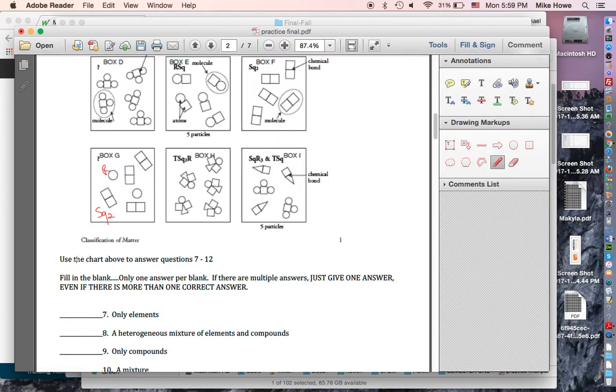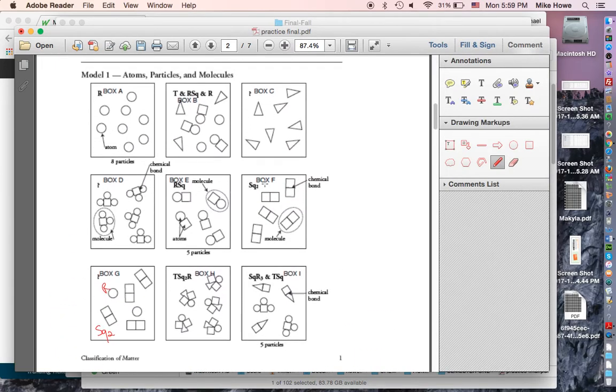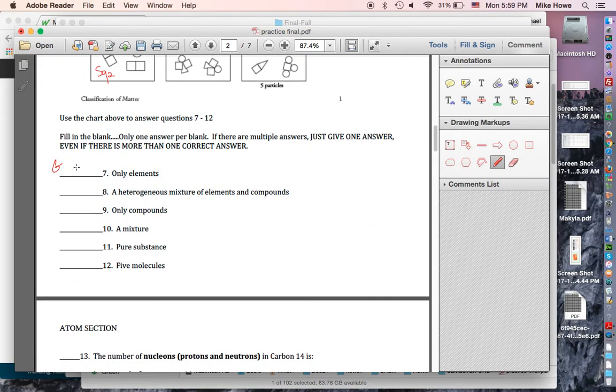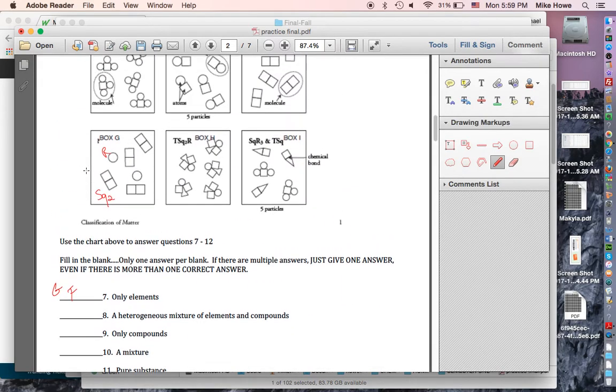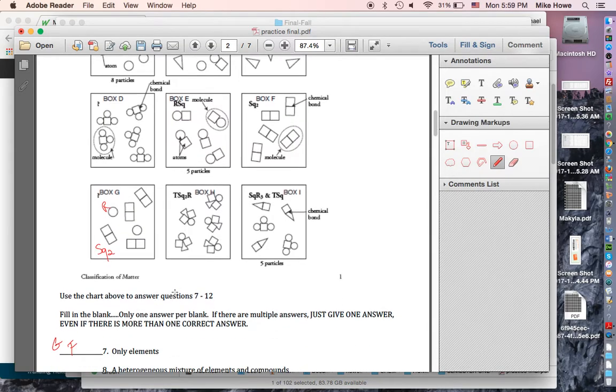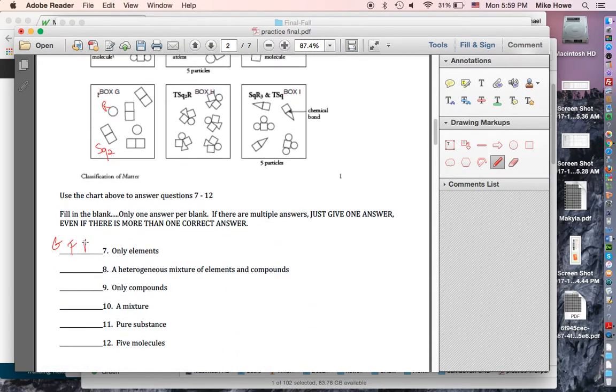So box G would work. I'm going to go ahead and put all the answers down, even though it says just one. Box F, those are the same kind of atoms, so F would work. And you can see A and C only have one kind of atom. So A, C.